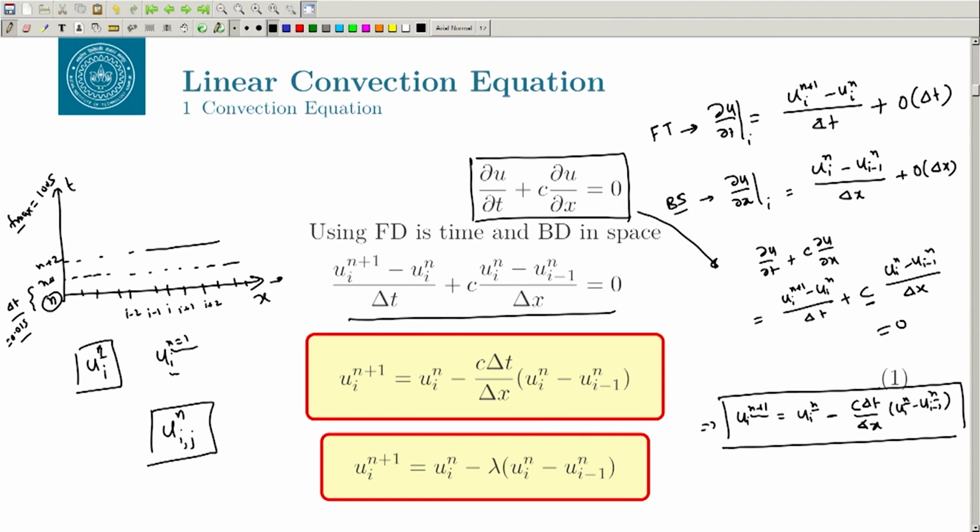Here, a very important thing that you will note is this number, c delta t by delta x, called the Courant number, and we will write this number using a special symbol, lambda: minus lambda times u_i^n minus u_(i-1)^n.